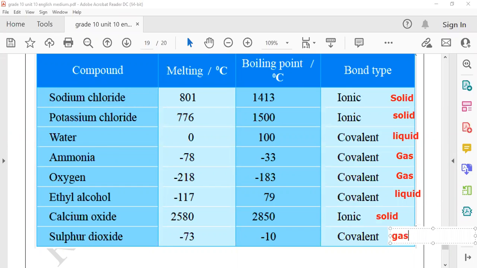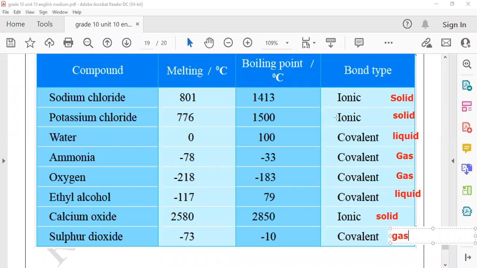So in places where you notice solid ones, you can see they have an ionic nature, correct? Ionic bond, solid. Covalent means liquid coming, covalent means gas coming. Understood? Yes, sir.